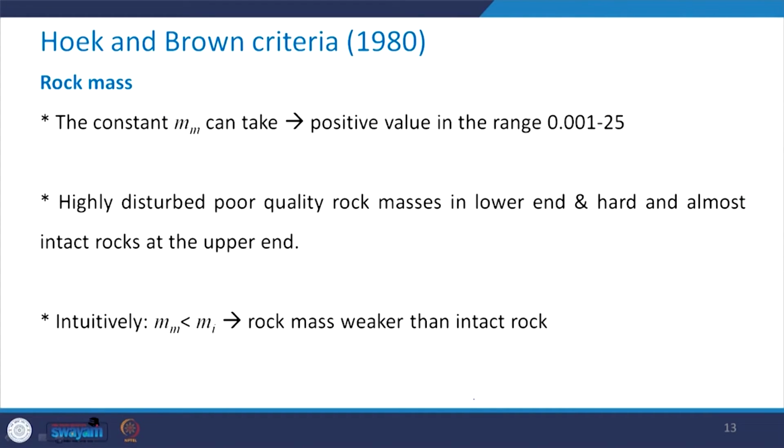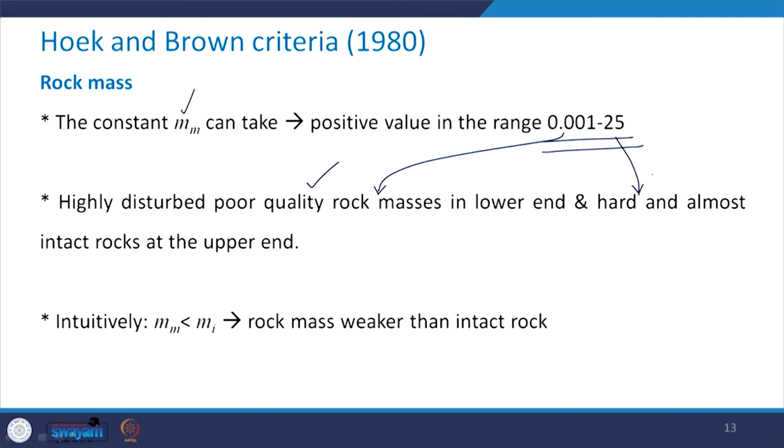Now, this constant m_b, which is for the rock mass, can take a positive value in the range of 0.001 to 25. Highly disturbed poor quality rock masses will fall towards the lower range, and hard and almost intact rock will be at the upper end.